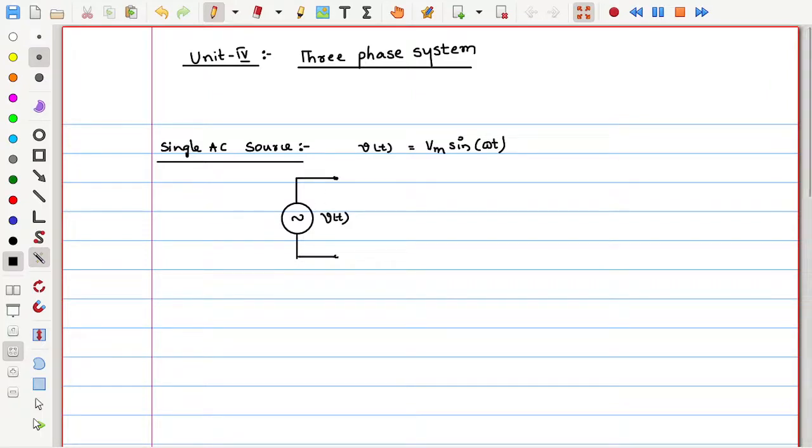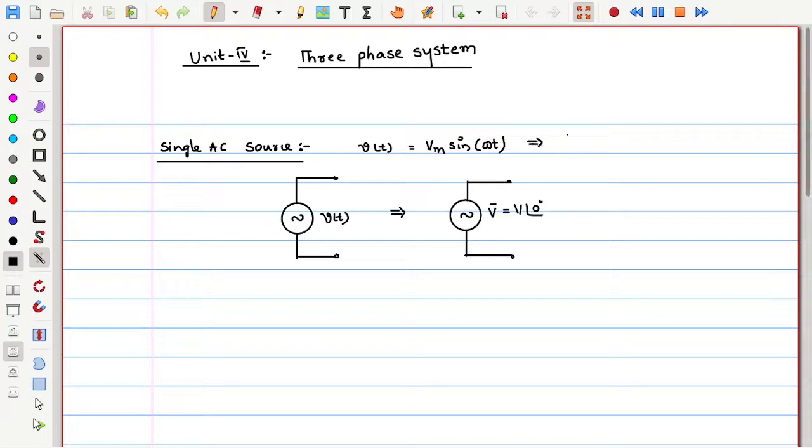But preferably, instead of as a function of time like V of t, Vm sine omega t, we usually represent this in the phasor notation as V bar, which represents that the source value is expressed as V at an angle of 0.